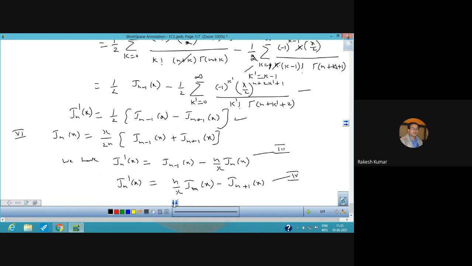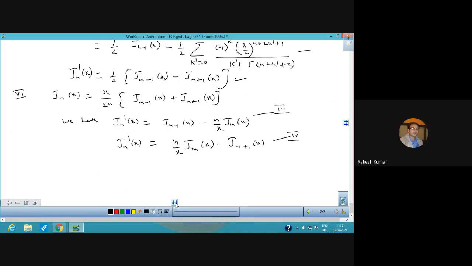Now you just do equating the values of Jn dash x. Left hand sides are same, so the right hand sides should also be same. So it means Jn minus 1 x minus n upon x Jn x should be equal to n upon x Jn x minus Jn plus 1 x.